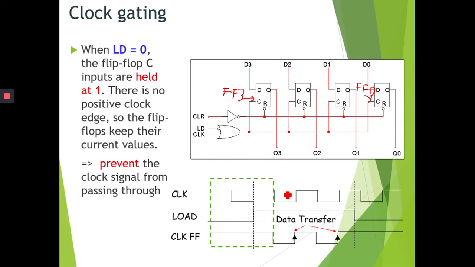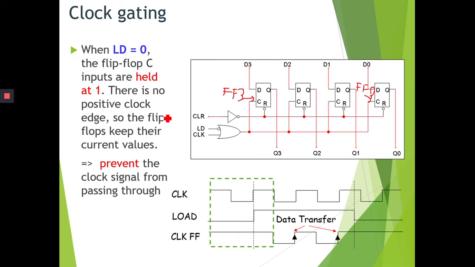Because data transfer occurs whenever there is a change of signal from 0 to 1, a transition from 0 to 1. In this case, the output of the OR gate is just flat 1, so there is no change of state from 0 to 1 or from 1 to 0.